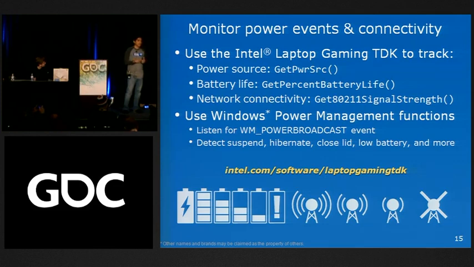You add the few lines of code and you can monitor power source, battery life, network connectivity, things like that. A few other features are added into this TDK that I'll cover in the next slide. But this is a very simple way to keep track of battery life and power utilization on your netbook.